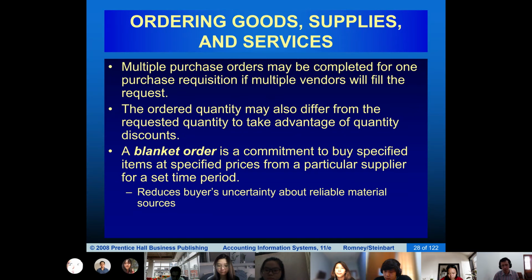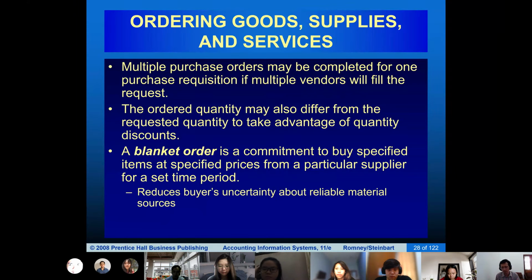One purchase order can be used for multiple purchase requests or purchase requisitions. So if our faculty, industrial engineering, asking for papers, engineering asking for papers, there are 3 purchase requisitions. So the purchasing agent, the procurement agent in the university, just gets them together and creates one purchase order. But it could be the other way around.